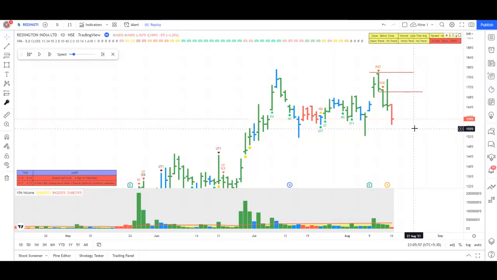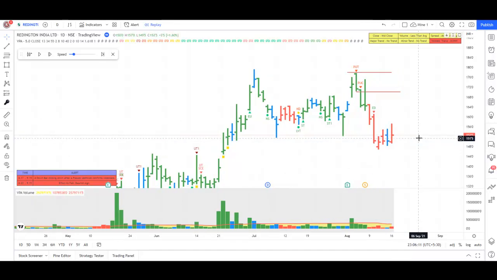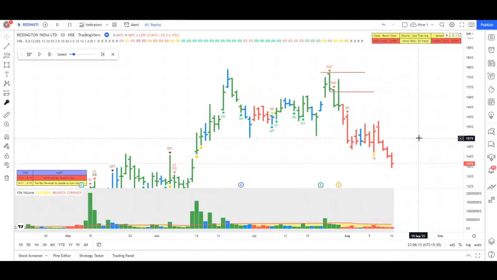The next bar is again showing weakness. The next bar is a clear bearish bar, widespread, closing near the low. And you can see the subsequent moves show weakness and the prices have come down.